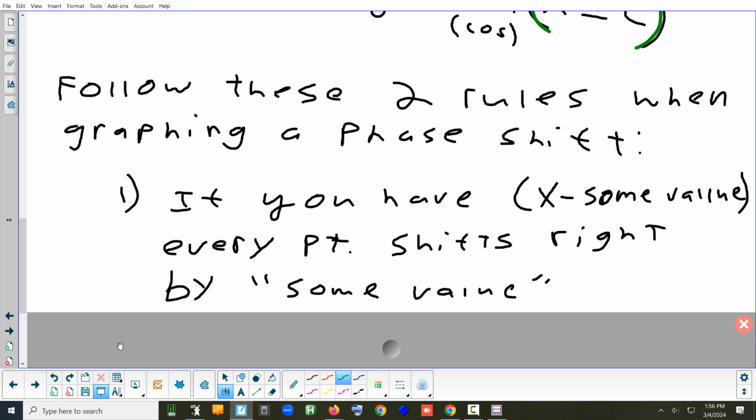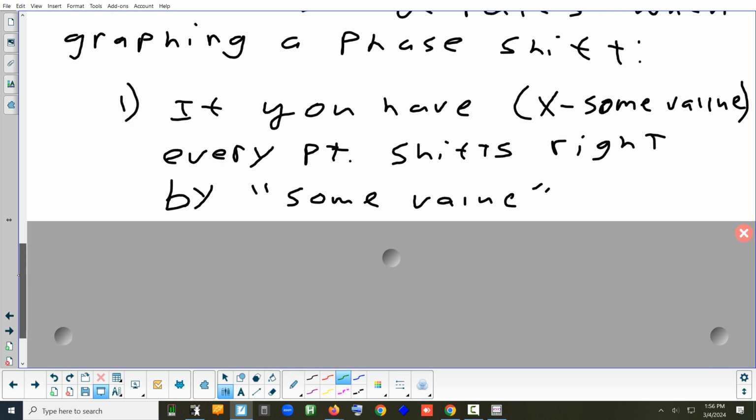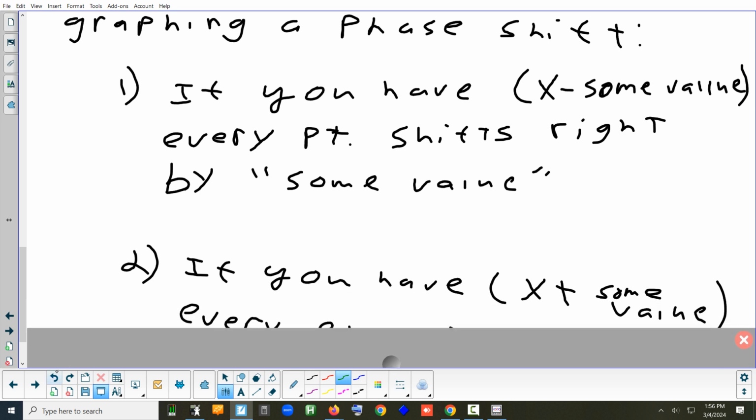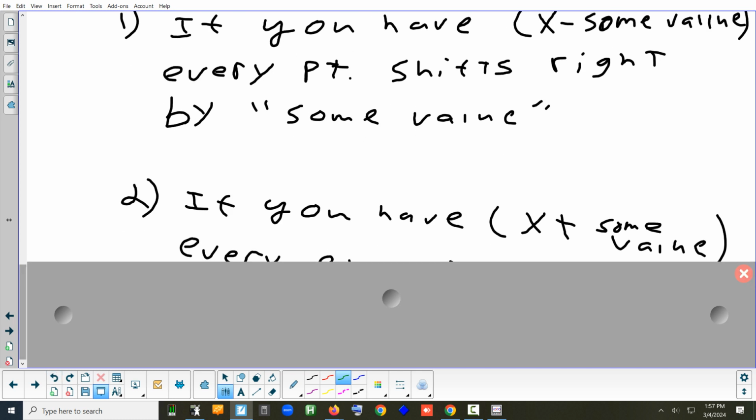Well, depends on what the value is, and I told you it's usually going to be 90, 45, or 180. What if you have x plus a value in parentheses? Which way is that going to shift your graph? To the left. Yep, that's going to shift it to the left.